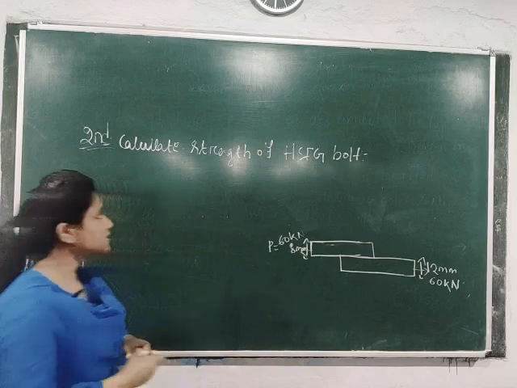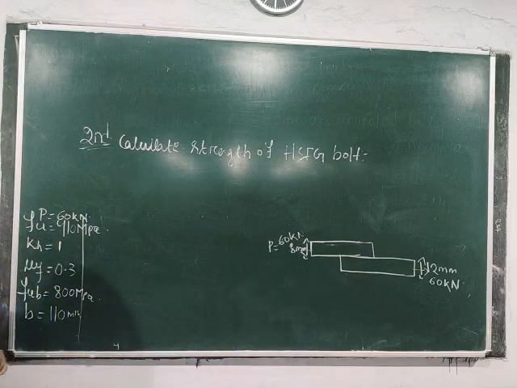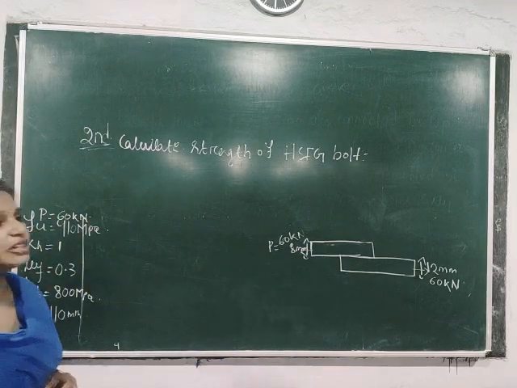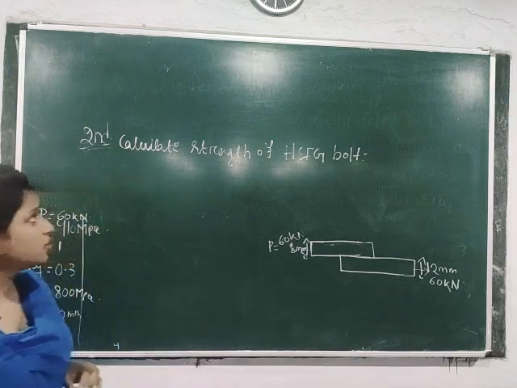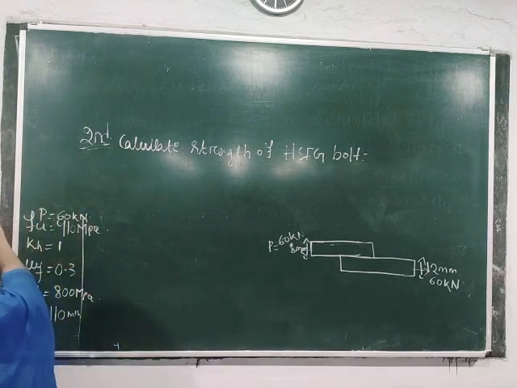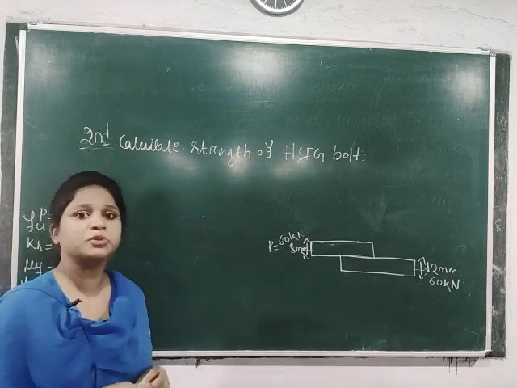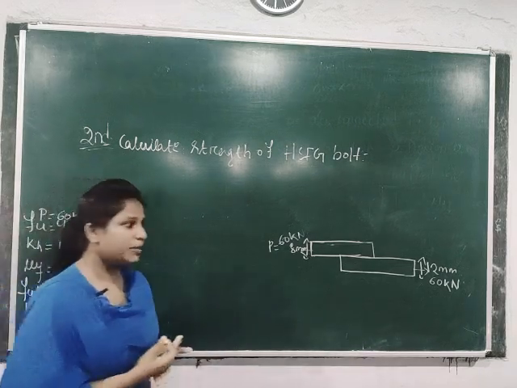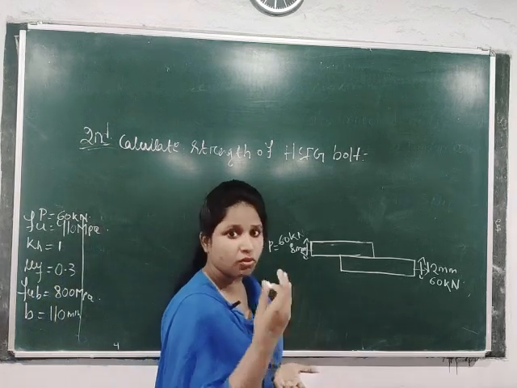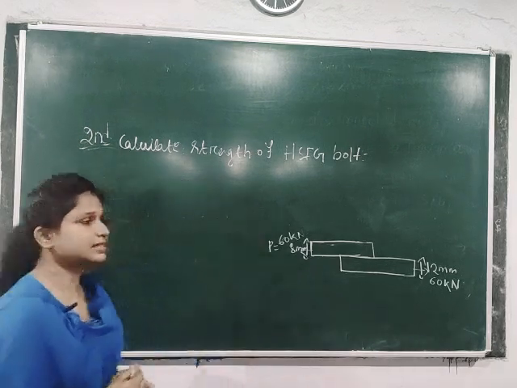So in case of a high strength friction grip bolt, the force is generally transmitted by the friction action only. So here, to get the value of the strength of the HSFG bolt, we have to calculate the design shear capacity or the slip resistance or the frictional resistance of the HSFG bolt.